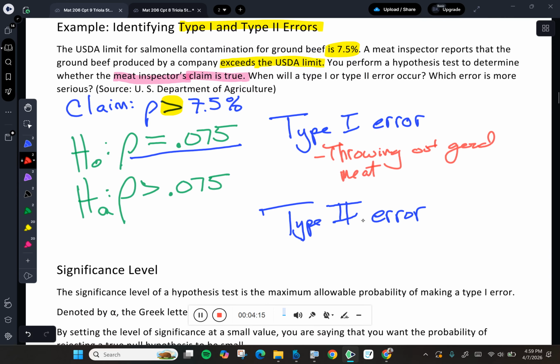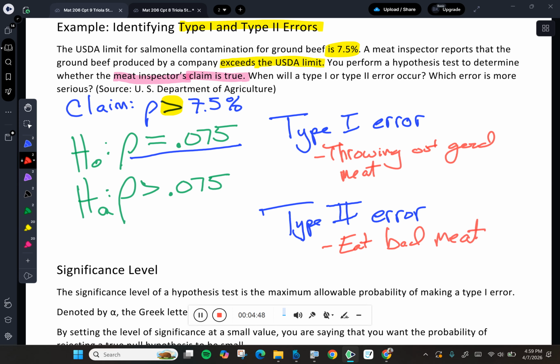So a type 2 error means that we are going to eat bad meat. Right? A type 1 error occurs when we say the meat is bad when the meat was actually good. A type 2 error is when we say the meat is good when the meat was actually bad.